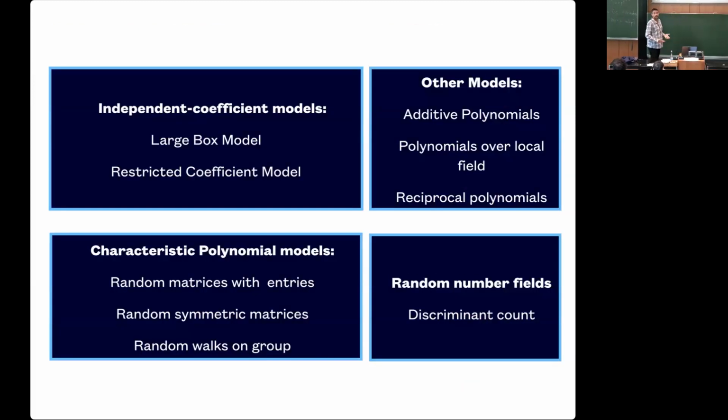So very briefly, the models that people are interested in, maybe from number theory, the independent coefficient models are the most natural, where at least if the measures are uniform, this is really counting questions. And I will elaborate on these two models the most, but there are other models where the coefficients are not independent, but are still very natural. For example, characteristic polynomials of some matrices in some ensemble, depending on where you come from, which ensemble you take.